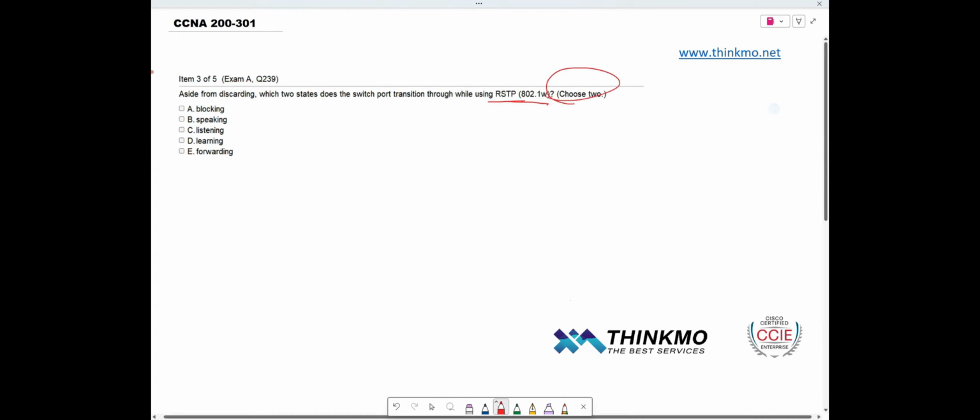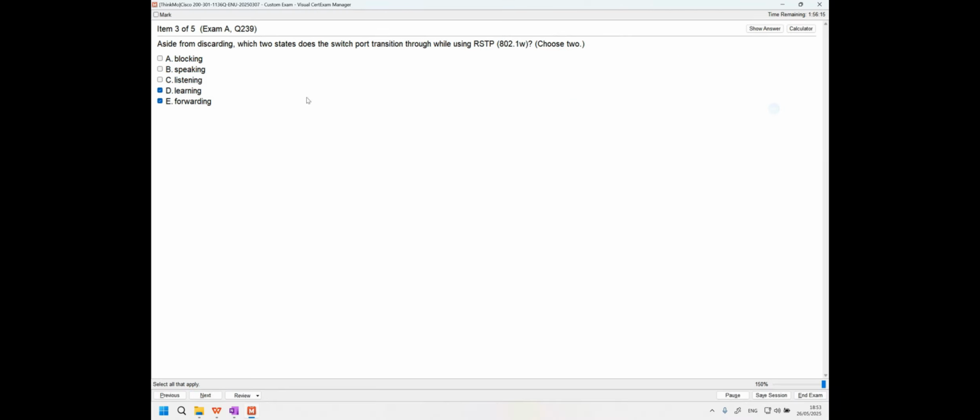So rapid spanning tree protocol, or RSTP, doesn't have the listening state, or even the blocking state. Instead, it has the learning and forwarding states. That is, only those two states are present. So the correct answers are D and E. Alright, choose D and E.